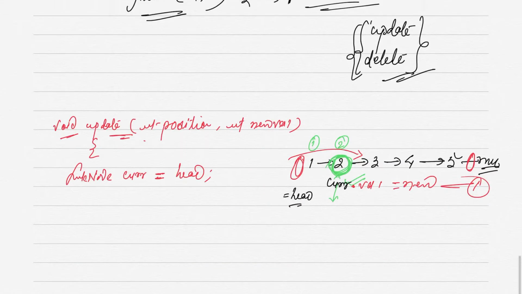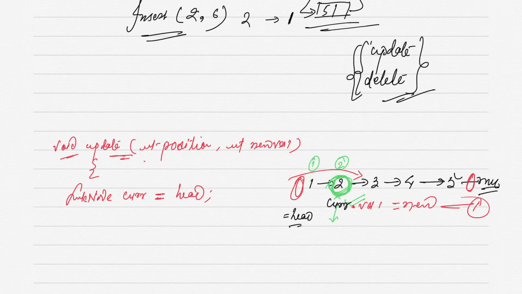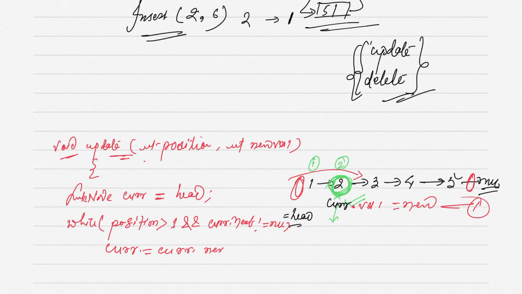And I will loop with a while loop: while position is greater than 1 and current dot next not equal to null, move current to current dot next, and reduce position, position minus minus.